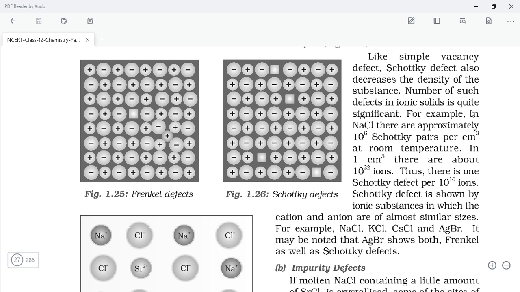So there are so many defects. There are so many Frenkel and Schottky defects in the real life lattice. There are like 10 to the power 22 ions in only 1 cubic centimeter. You can imagine the number that is inside a small piece of solid that you have.